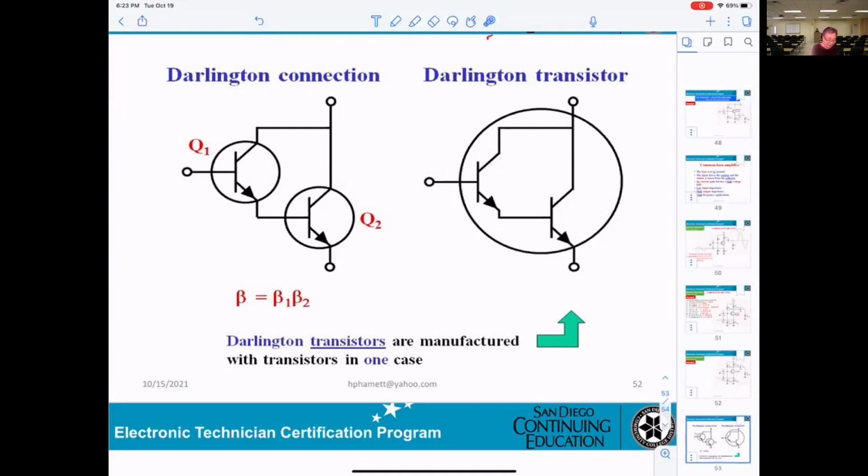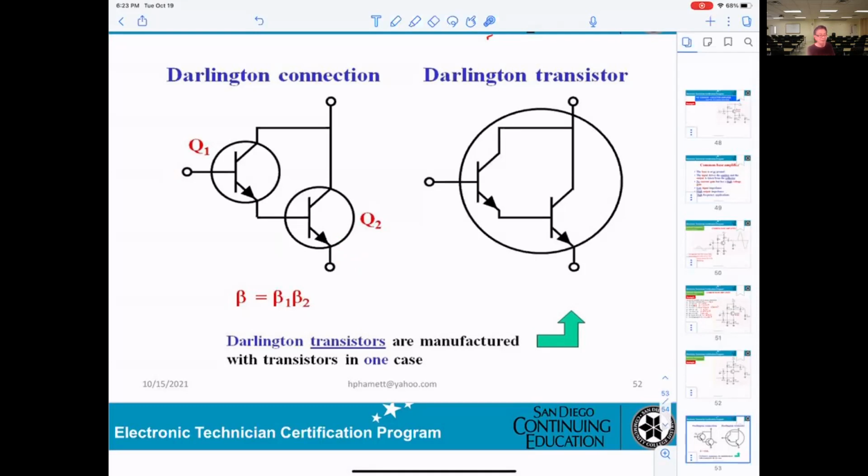You can see the first transistor gets a beta 1. If beta 1 equals 100, then the second one gets a beta of 200. So the gain from the input Q1 to the output Q2 goes up to 1,000. That means very, very high current gain.